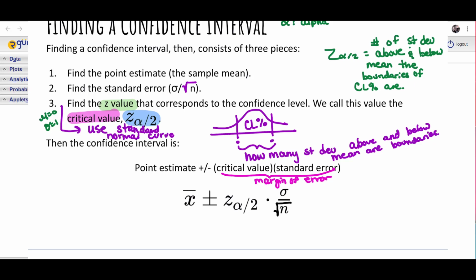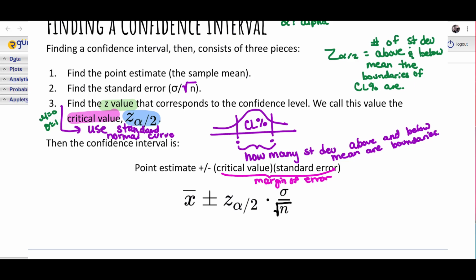Because again, this is telling you how many standard deviations above and below the mean we're considering usual, and you multiply that times what we're saying our standard deviation is, and that's going to give you the boundaries of the confidence interval. So again, start off with your point estimate, in this case x bar, add and subtract the margin of error, which is the critical value times the standard error, and that's the formula.